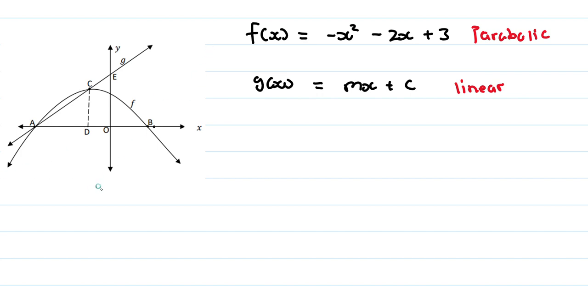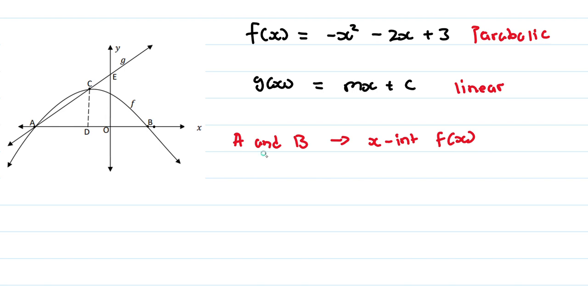So A and B, let's write that down. A and B are x-intercepts of f of x.